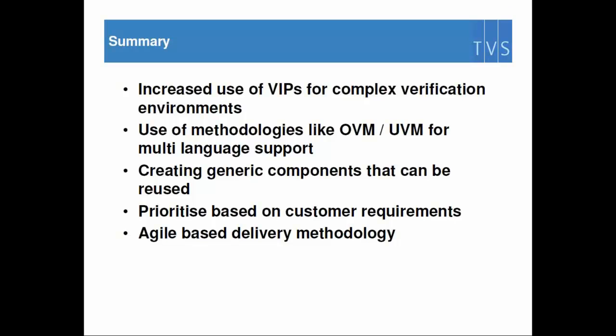And the last point is agile based delivery methodology. It would be a phased delivery so that customers can start the verification as soon as they get the VIP, and then gradually we can implement multiple features in it, so that at least the DUT verification doesn't suffer, and gradually the quality would be improved.